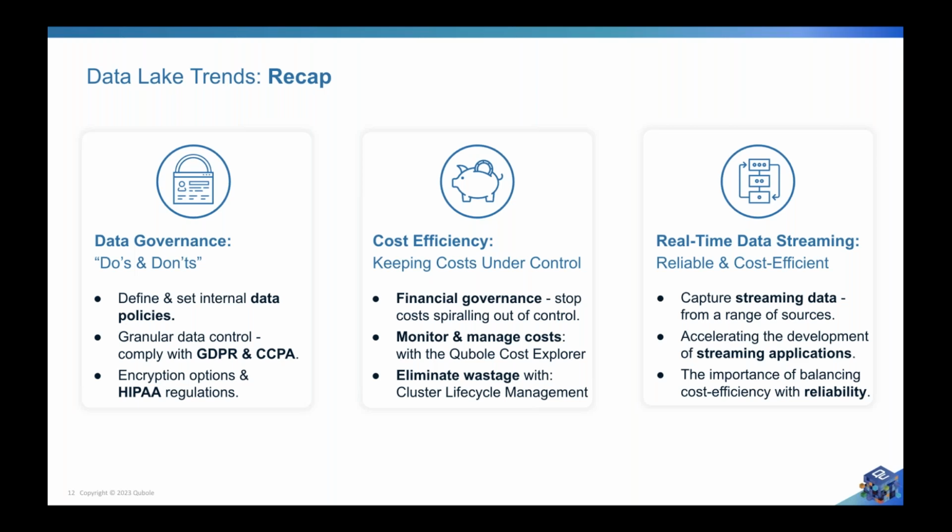How do we eliminate the cost? Cluster lifecycle management makes sure that it eliminates the wastage and uses your resources effectively. Finally, on the trend, we talked about the Qubole data pipeline and how we can build effective streaming solutions quickly on Qubole.